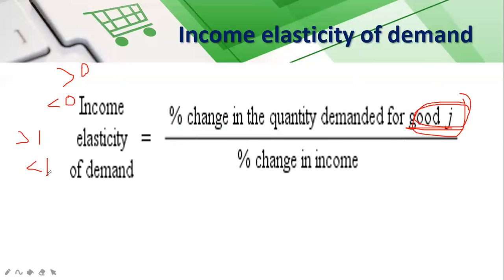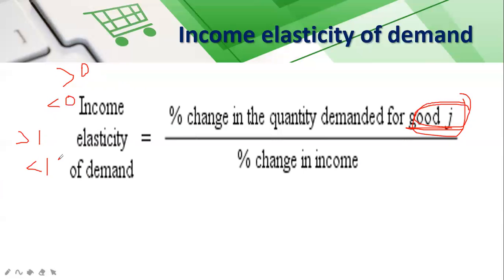A good is a necessary good if income elasticity is lesser than 1. Even when we have little income, we still buy that product because it is a necessity. It is the most basic, most necessary product. We cannot live without it, just like food.